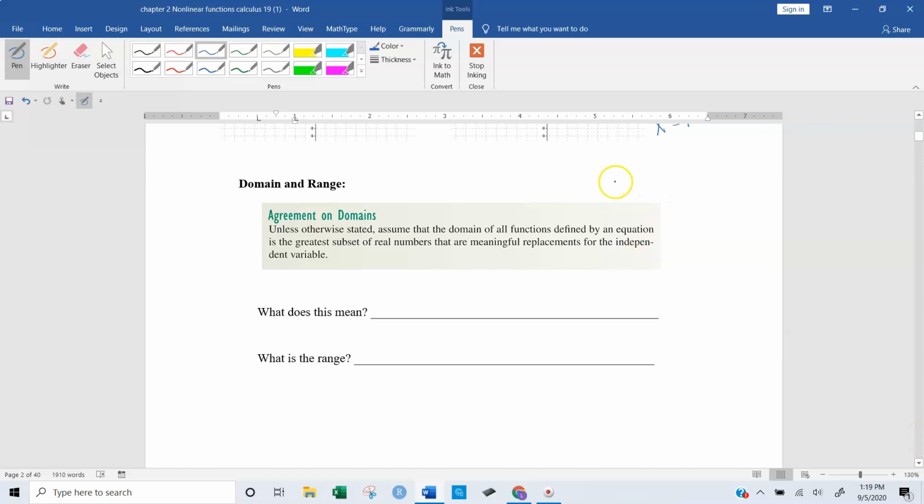Okay, unless otherwise stated, assume the domain of all functions defined by an equation is the greatest subset of real numbers that meaningfully replace the independent variable. What does that mean? So that means that your domain are the x values that have meaning.